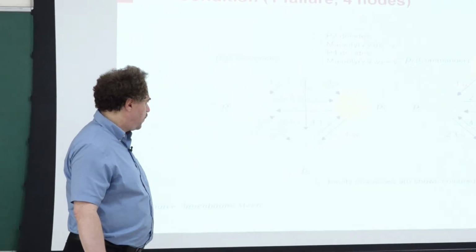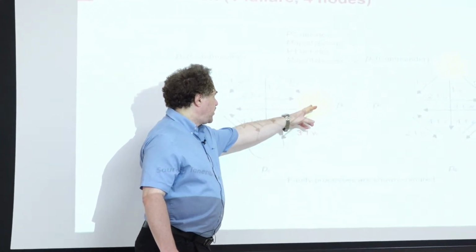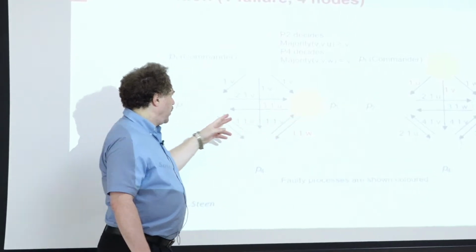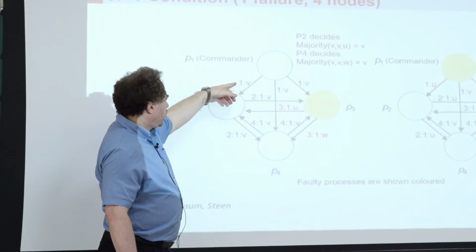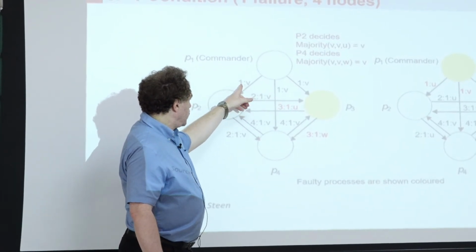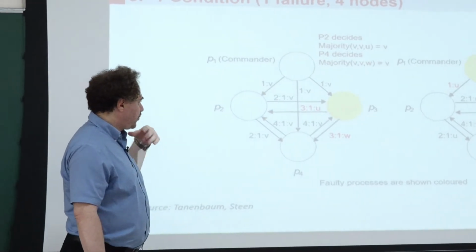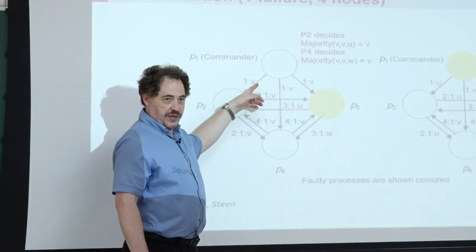Now, one lieutenant is Byzantine. About the notation: 1 means that this is the first round of communication, and V means this is the value sent.